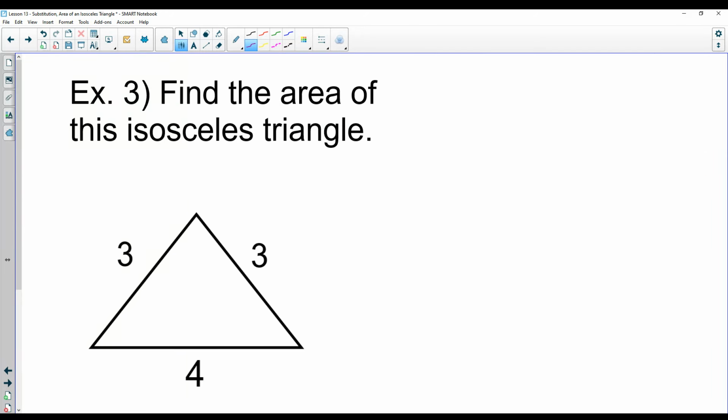All right, let's try one. Example 3, find the area of this isosceles triangle. So we're going to start by writing our formula. Area equals base times height divided by 2. All right, so the base, we already have the base, correct? The base is going to be this entire thing here, 4.